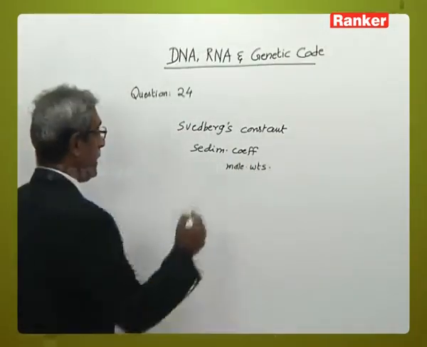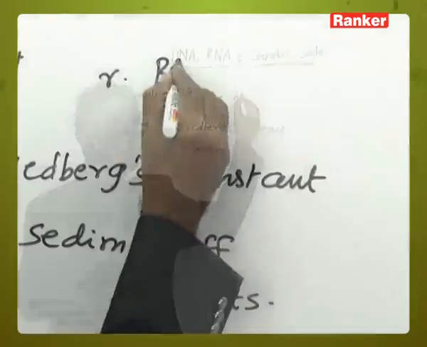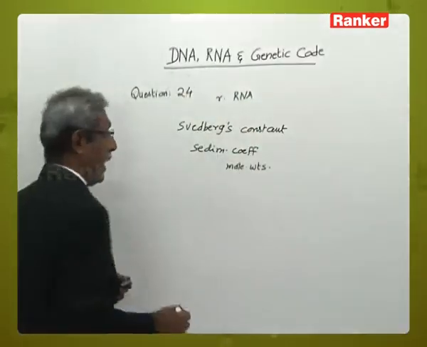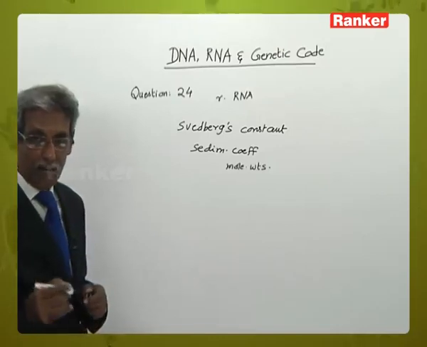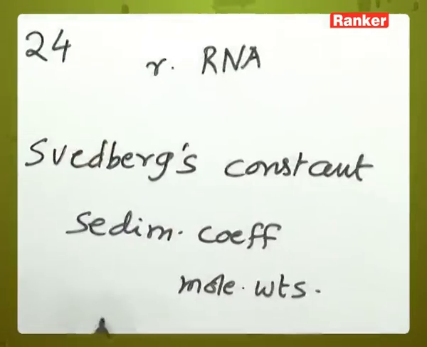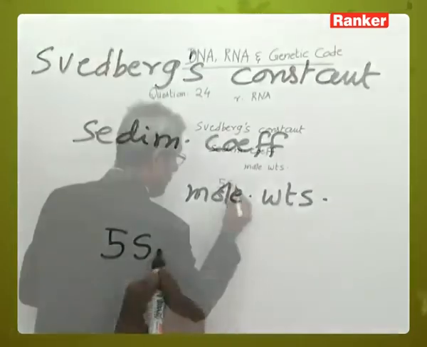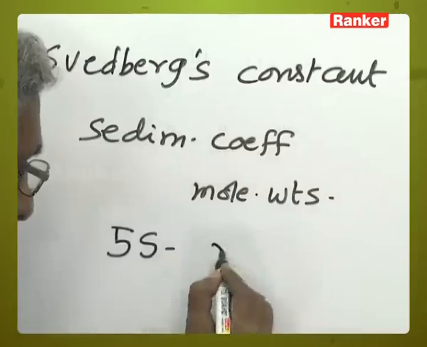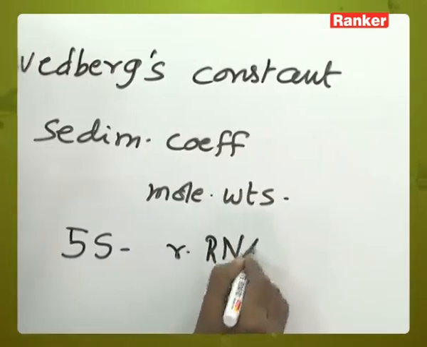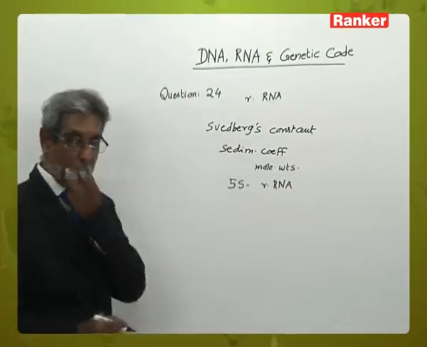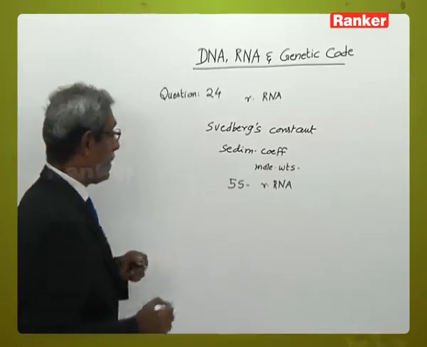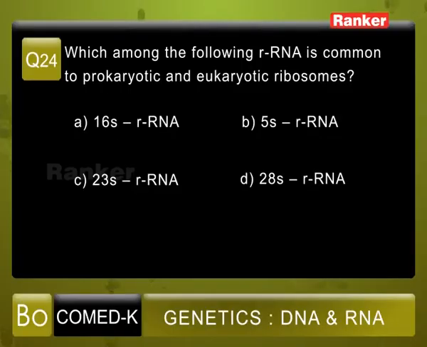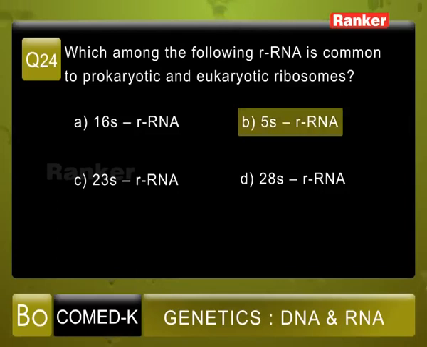The ribosomal RNA can sediment. And among all the ribosomal RNAs, the 5S rRNA is common to both prokaryotes and eukaryotes. Hence, the answer is B, 5S RNA. 5S RNA is very important here.